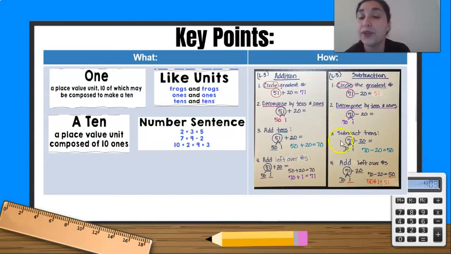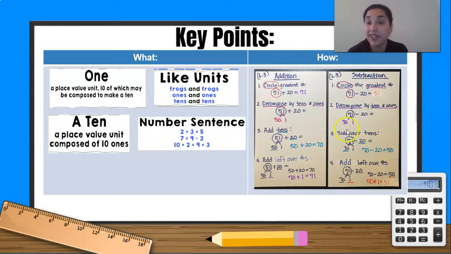Step number 3 is subtract the tens, boys and girls. I have to subtract the tens because they're like units. I have to subtract the tens with the tens and the ones with the ones. So in this case, I will subtract 70 minus 20, and that equals 50.